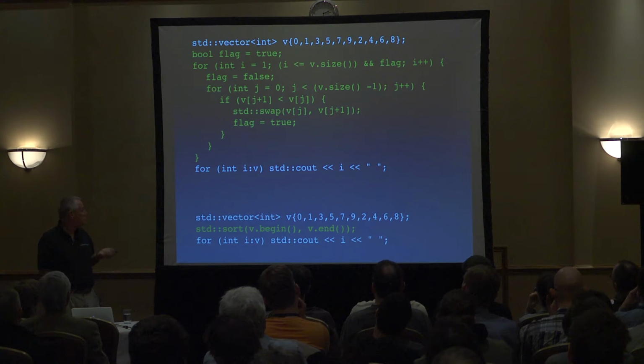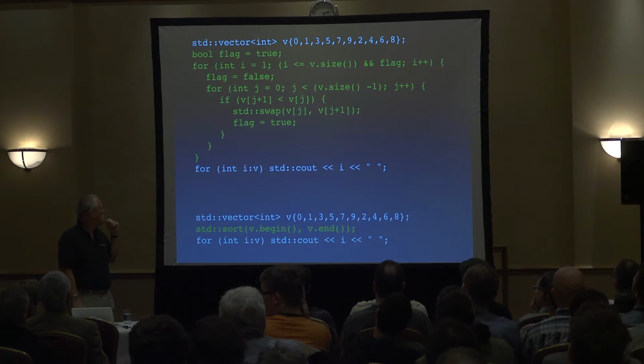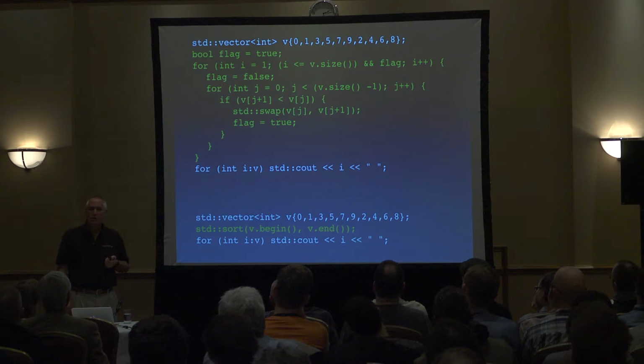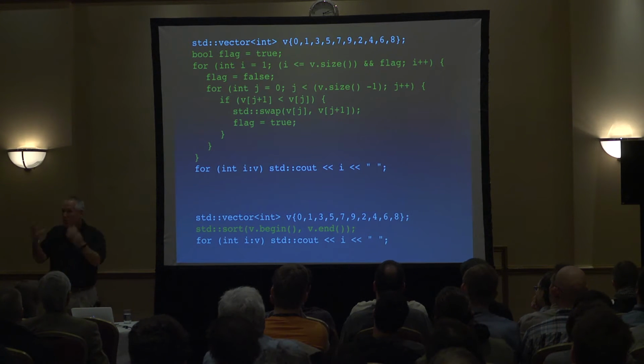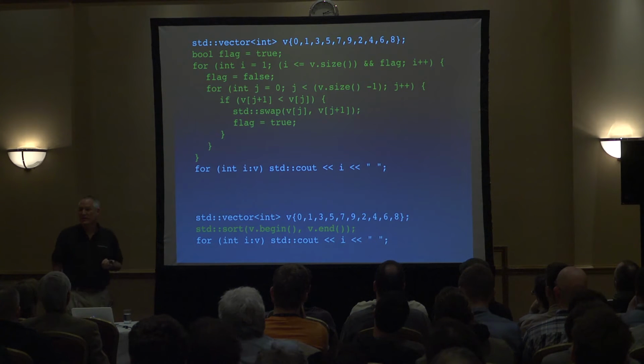So the follow-on question to this, after what does this code do, is which code is easier to understand and which code is easier to reason about? Which one would you prefer to see in a code review? If somebody had written some code to go in your project and you were doing a code review on it, which one of these would you rather see?